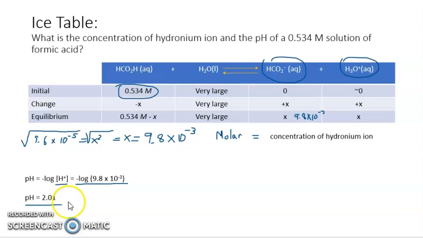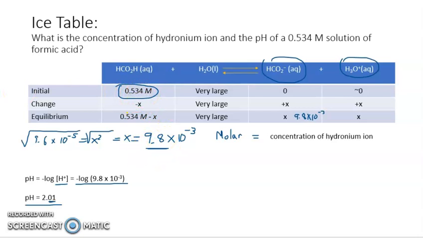or pH is equal to 2.01. And you see the mantissa has two significant figures because the value of x has two significant figures, and you might be wondering how we got to two significant figures here.